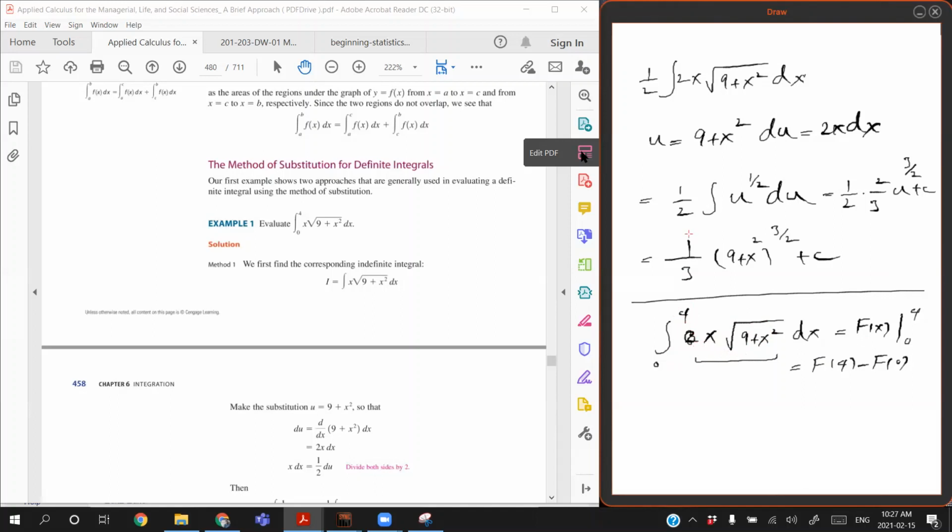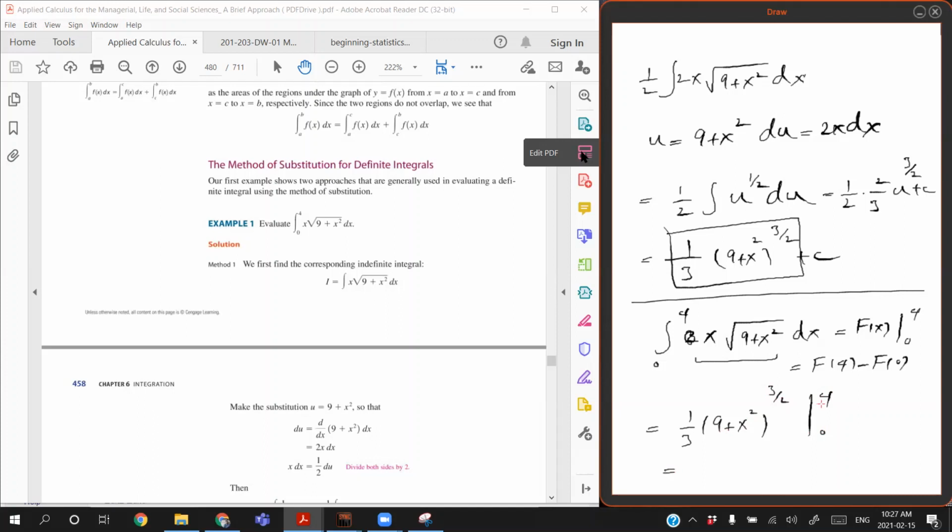Okay, and I have one antiderivative here. So imagine c is 0. I have one antiderivative. So this is going to be 1 over 3 times 9 plus x squared to the power of 3 over 2, from 0 to 4. So I have to evaluate that at 4 and evaluate that at 0 and subtract.